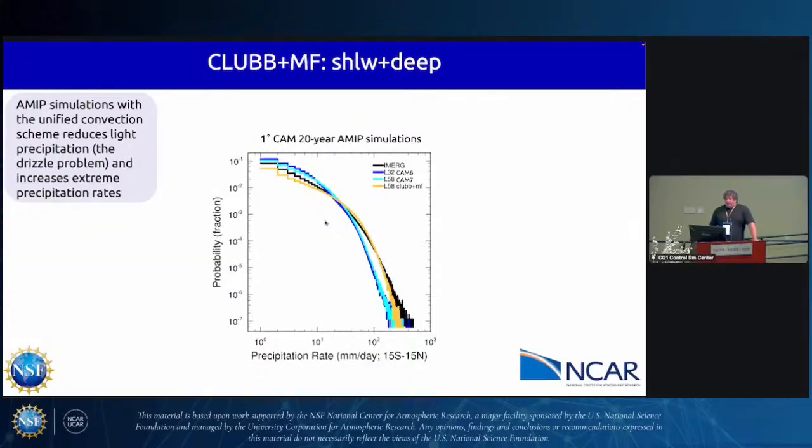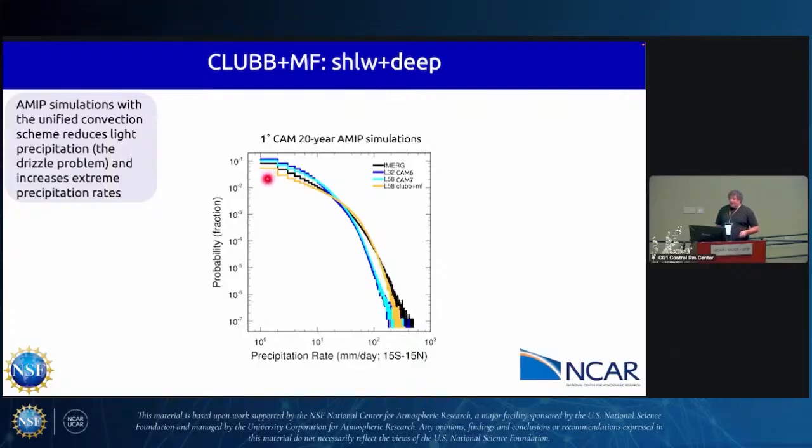So now moving into 3D model simulations. This is a 20-year AMIP simulation. What is shown here is a PDF of the precipitation rates in the tropics. The black line is the IMERG observational data product. The blue and cyan are CAM6 and CAM7 respectively.